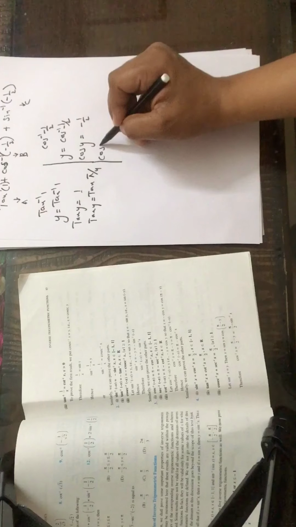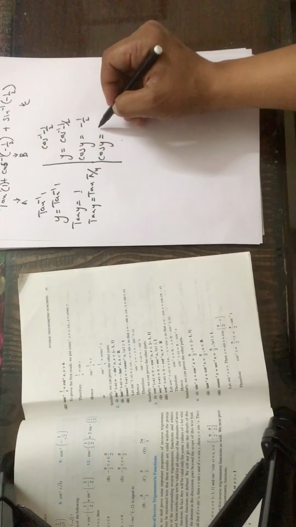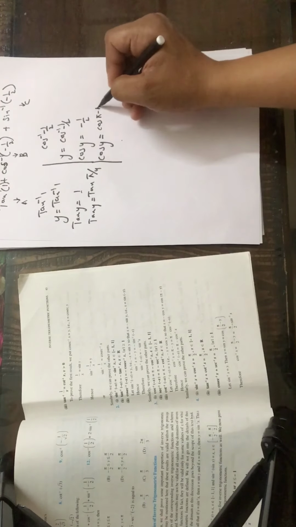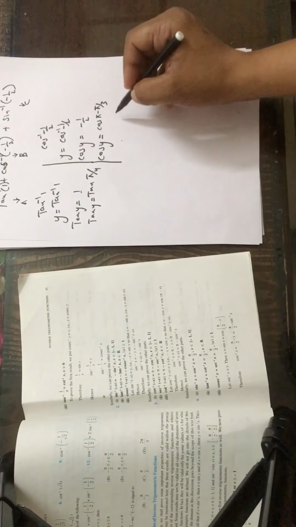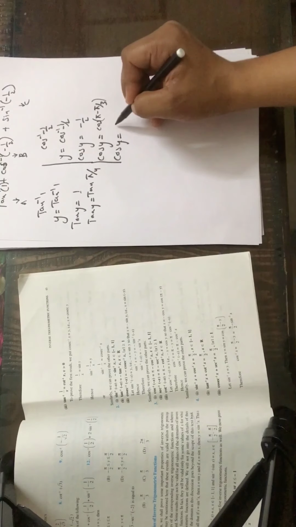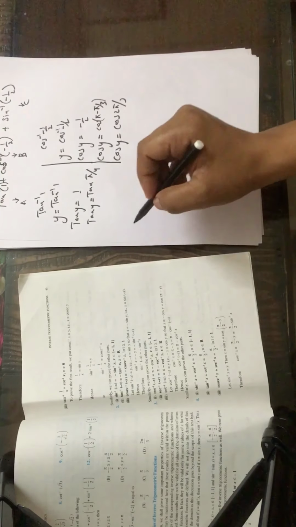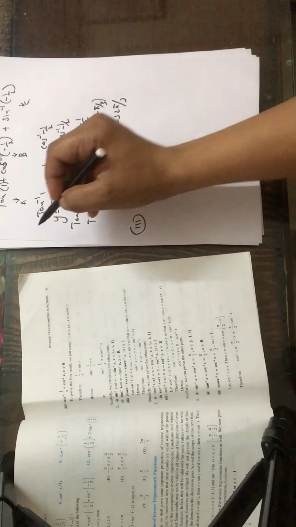In cos we do conversion, remember half comes in cos pi by 3, yes, cos 60. So, we can write cos of pi minus pi by 3. So, this comes how much? 2 pi by 3. Cos y equals cos 2 pi by 3.